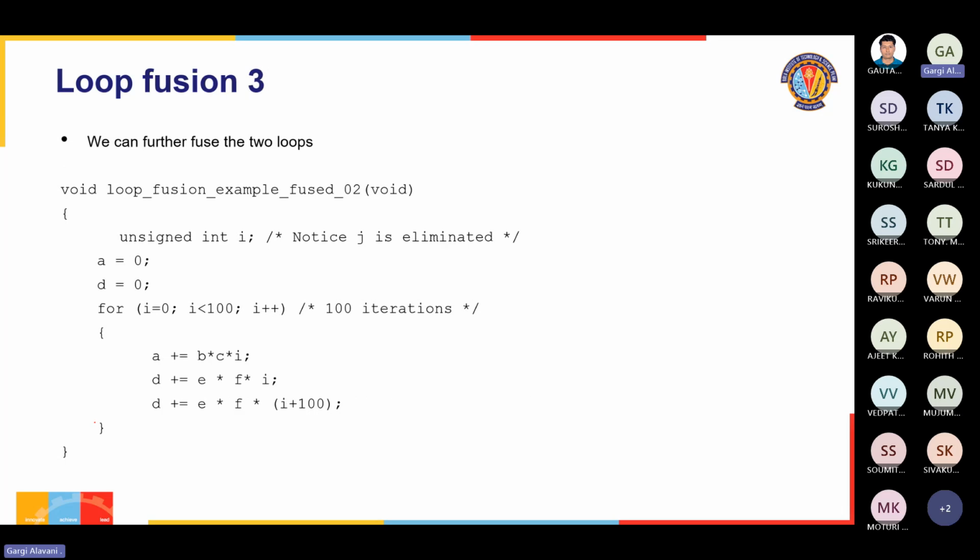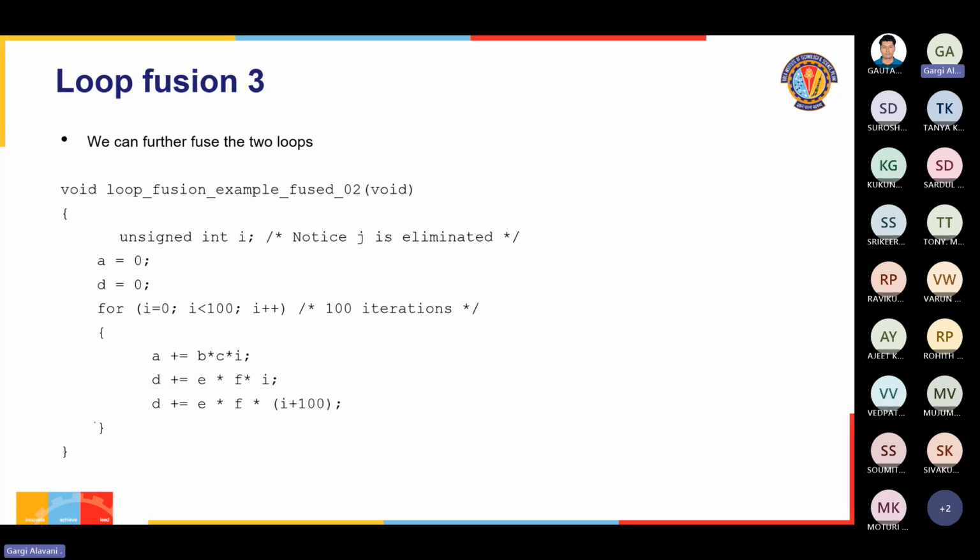Another solution could be this: adding to D in the same loop, with both index I as well as 100 plus I for the next 101 to 200 as well.